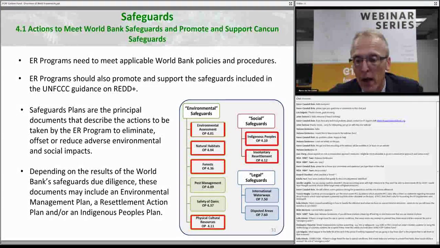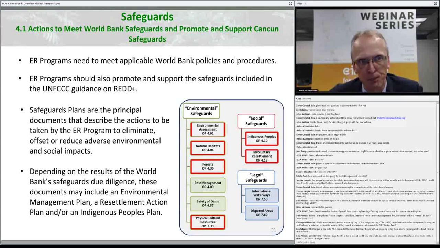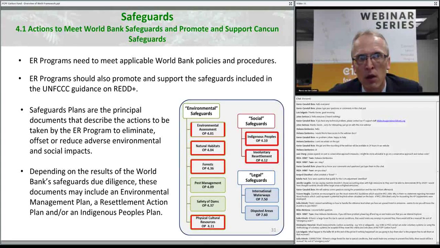On top of that, the methodological framework also requires that programs should promote and support the safeguards included in the UNFCCC guidance on REDD+, basically what people usually refer to as the Cancun safeguards. The framework says the principal way of doing this is through what we call safeguard plans. These are documents that describe the actions to be taken by the program to eliminate or offset or reduce adverse environmental and social impacts.